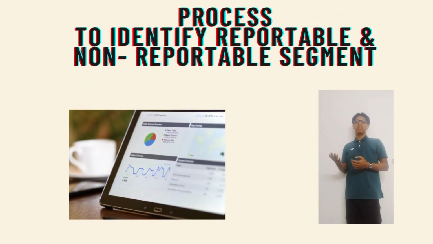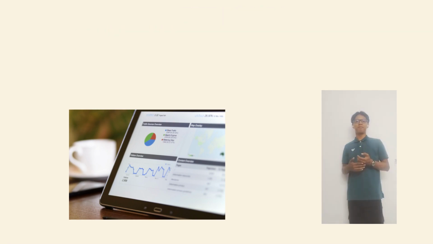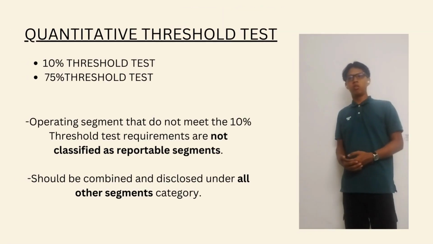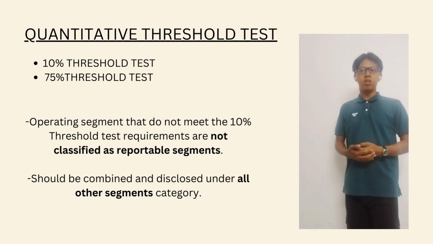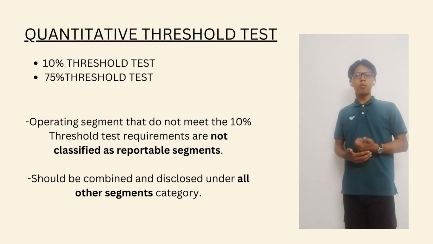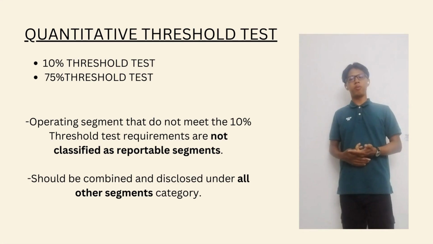Next, the process to identify reportable and non-reportable segments. For the quantitative threshold test, they have two tests, which are the 10% threshold test and the 75% threshold test.